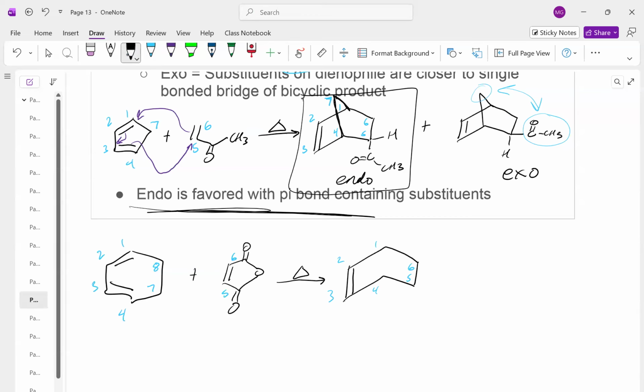Well, 7 is still attached to 4. So there's 7. And it's also still attached to 8. And 8 is also still attached to 1. So we have this 2-carbon bridge there. So 7, 8 are right there.